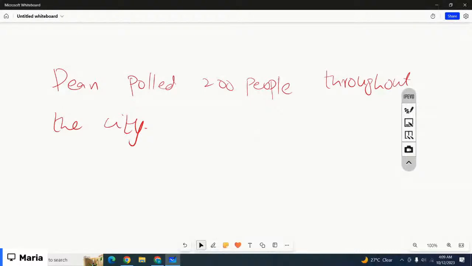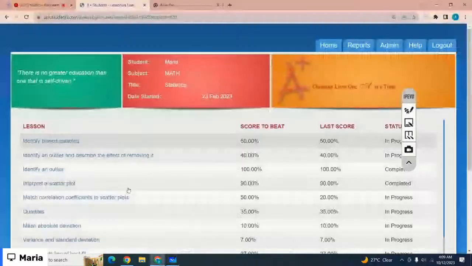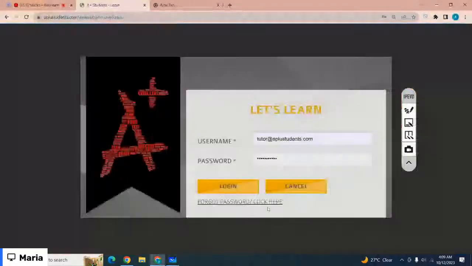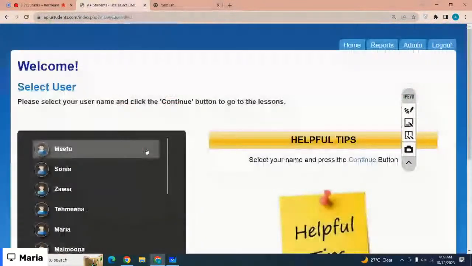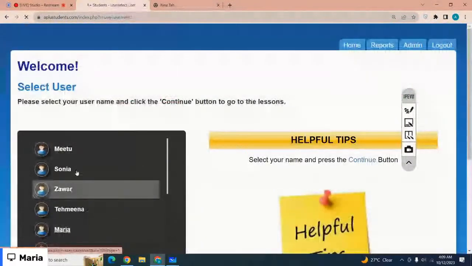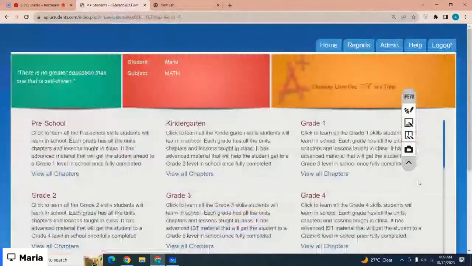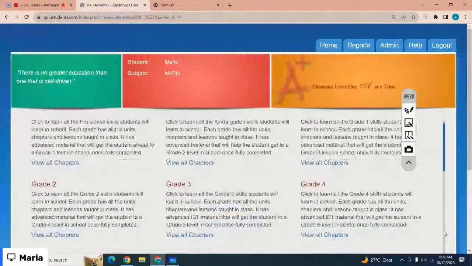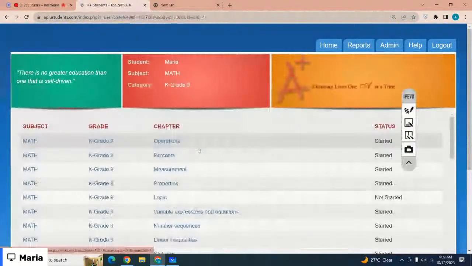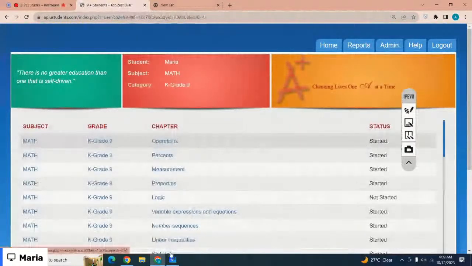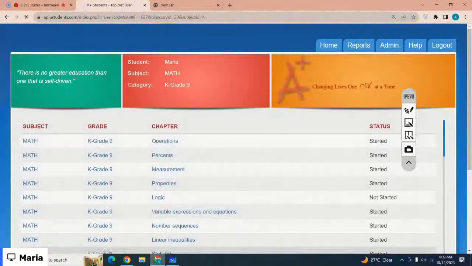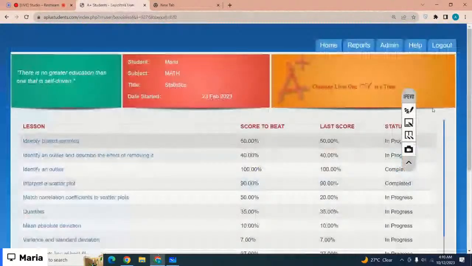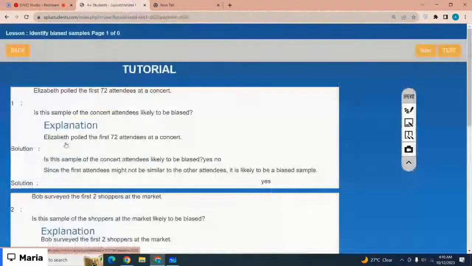Okay, let's do some examples from A Plus. Here it is, identify biased data. Elizabeth polled the first 72 attendees at a concert.